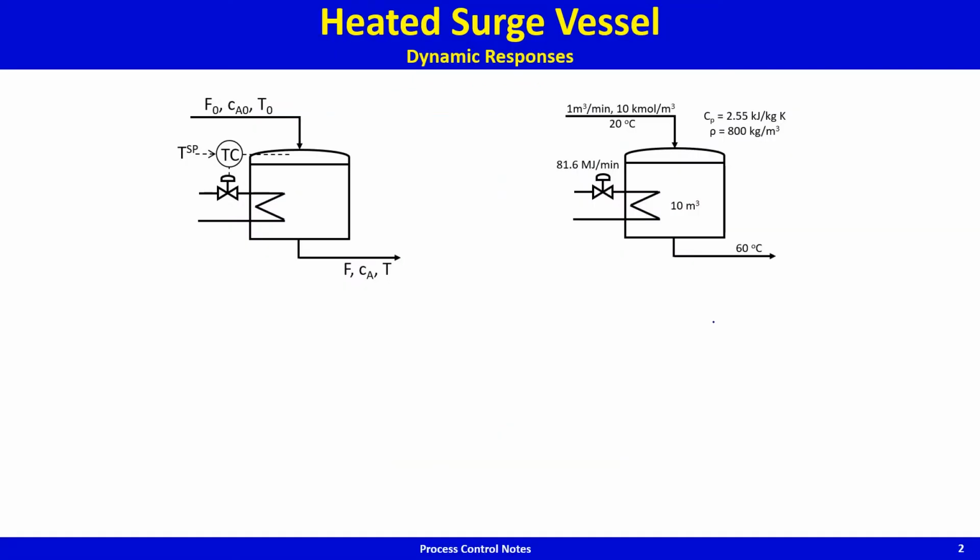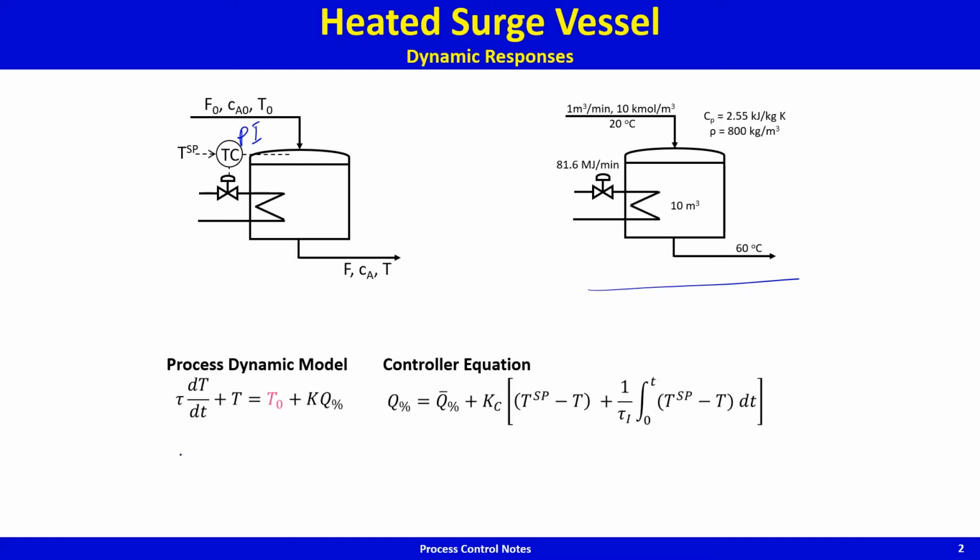So the base case conditions of the surge tank, and we are trying to do temperature control, trying to maintain temperature at the set point, and the temperature controller is a PI controller. This is the process dynamic model, and then you have the controller equation.